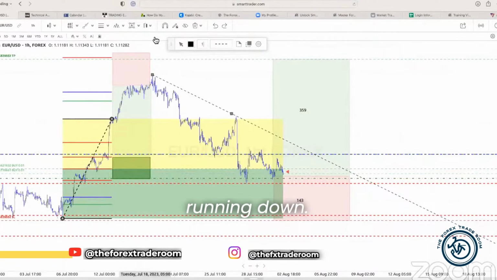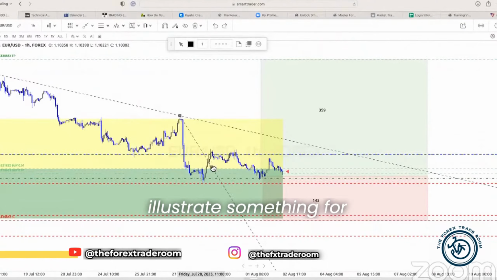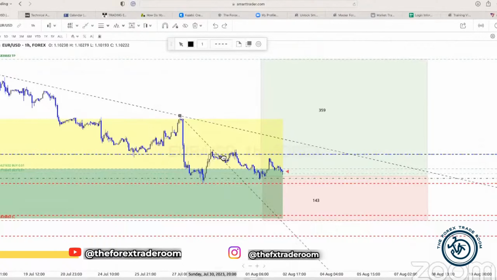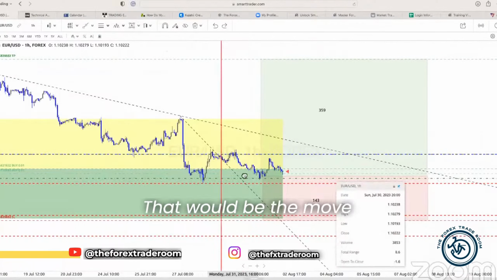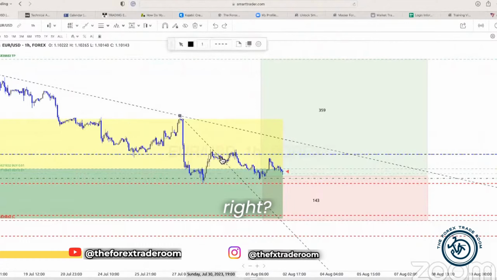We've got trend lines running down. We'll run an inner trend line off the high. This is our low. We'll have some more conversation about this, but I just want to illustrate something for you. Actually, without cutting off any wicks or bodies, that would be the move there. And you see we press sideways through the trend line, right?